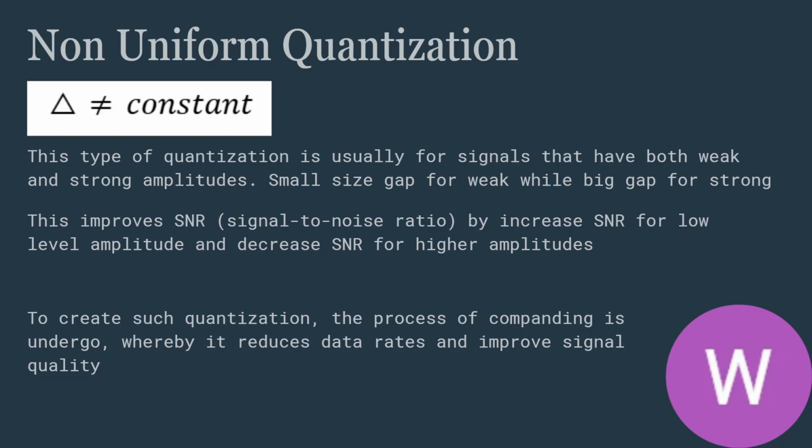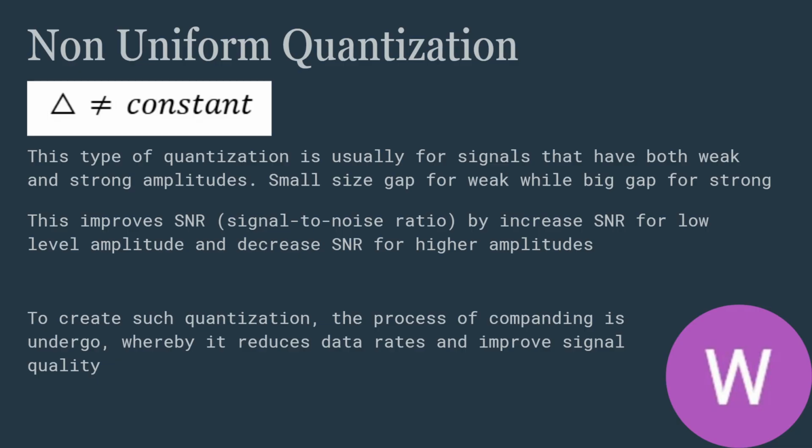So it's hard for us to make the interval, the gap, constant, because there are weak and strong amplitudes. The change is very large. So that's why we need to apply non-uniform quantization. Non-uniform quantization can also help to improve the signal to noise ratio.